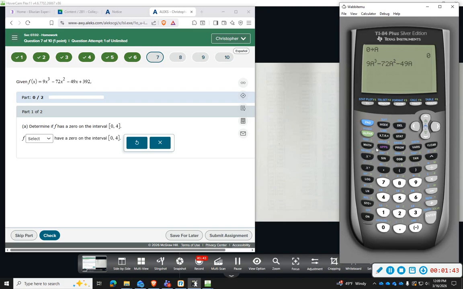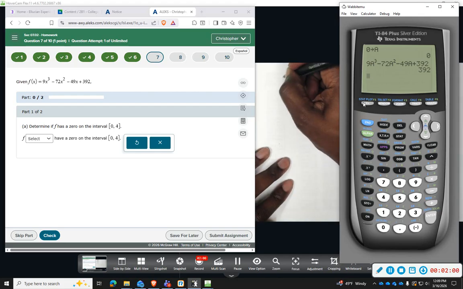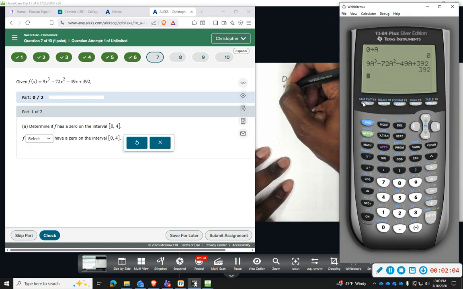And then plus 392. All right, so when I do that math, we just get 392. Okay, so that's positive. So I'm going to write down 392. 0 gives us 392.